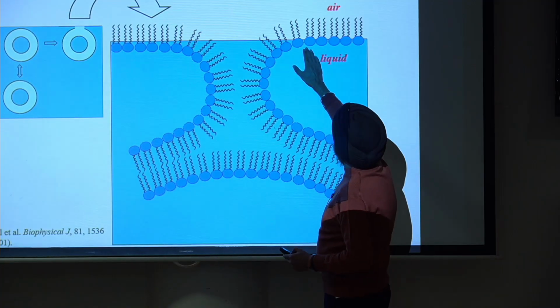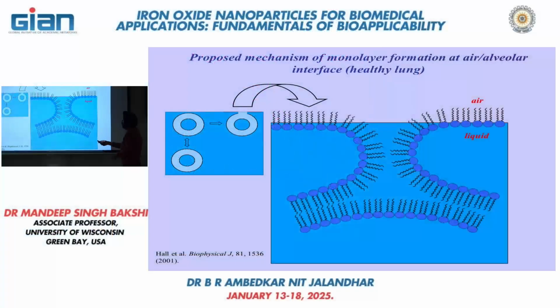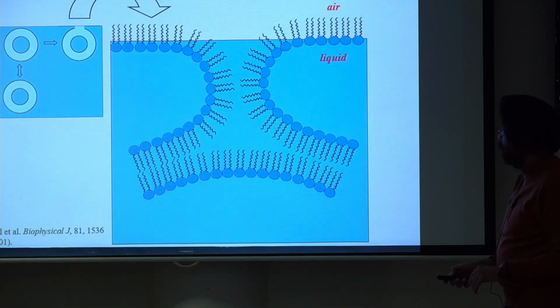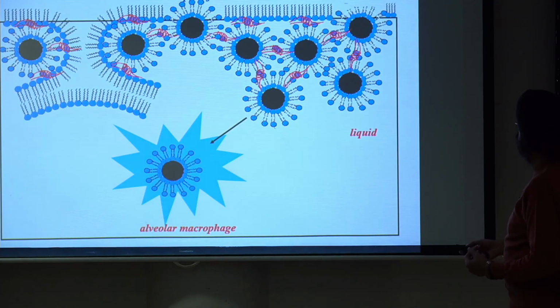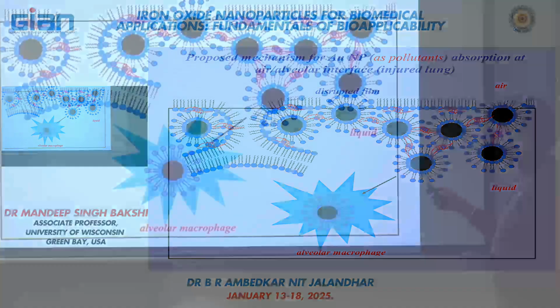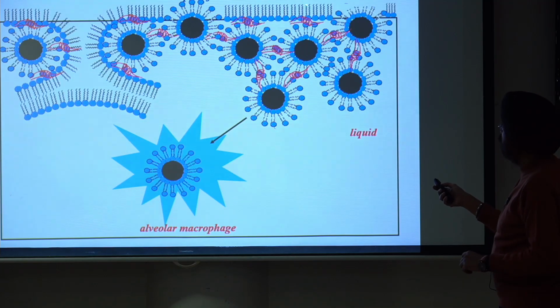So, this is the air-liquid interface. You see the vesicle that is coming at the interface and then opens up and creates the bilayer. I have shown only the monolayer, because air is non-polar, so the upper side should be lined with the hydrocarbon tails, hydrophobic tails, rather than the head group.